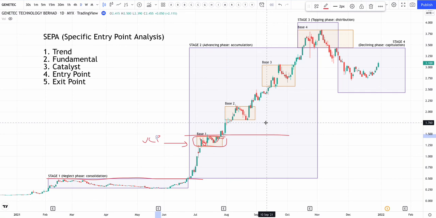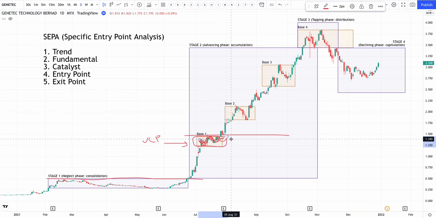He basically said that in stage two there are bases. When a counter is creating a base like this, the counter is having profit taking, where the price goes from a super strong momentum uptrend to a little bit of retrace. They retrace for short profit taking. So that will form a base.